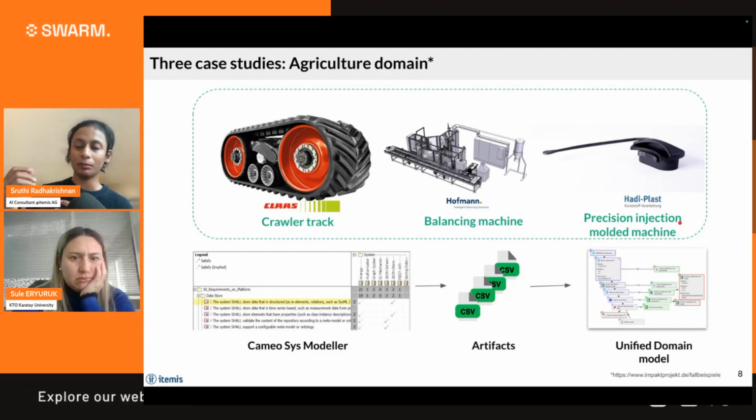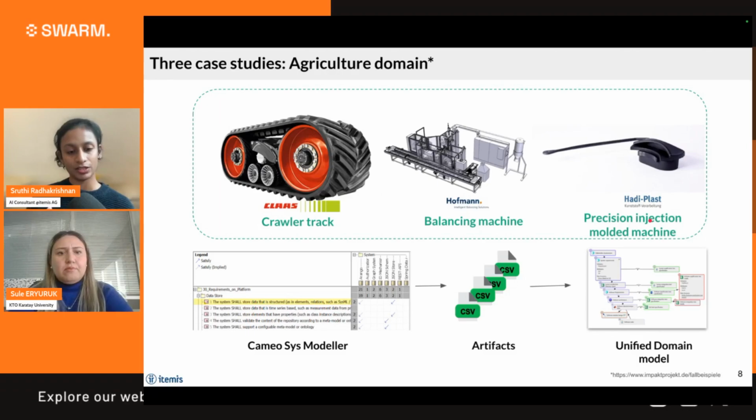These are nothing but components that are made to be inserted into bigger machines in different formats, etc. There were three companies involved called Klaas, Hoffman, and Hadiplast. It was a German funded research project, so you can also see certain artifacts that I will show in the knowledge graph to be in German.